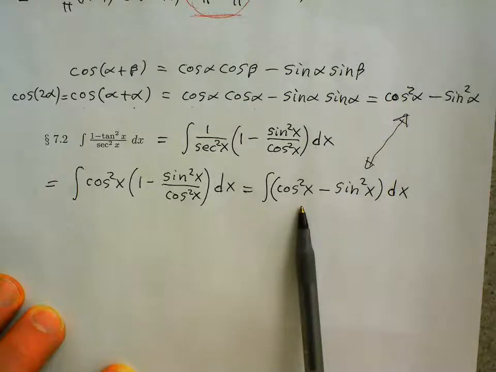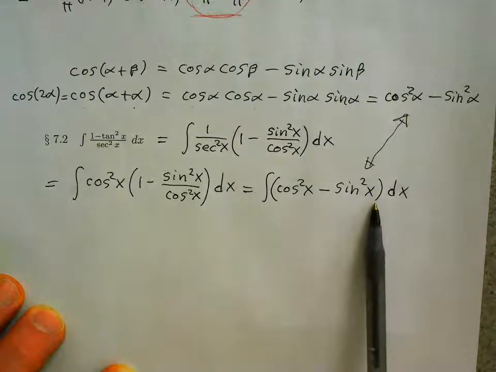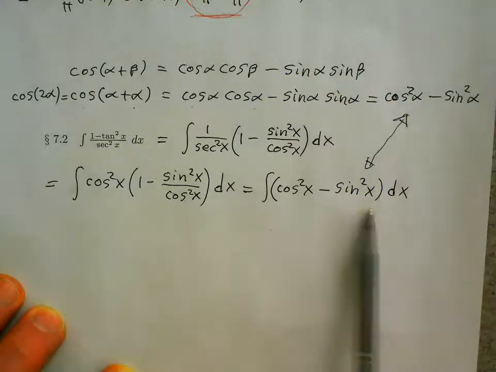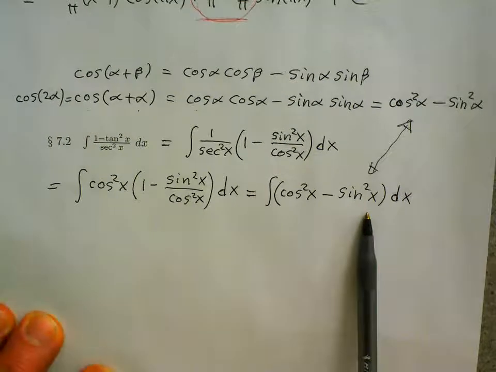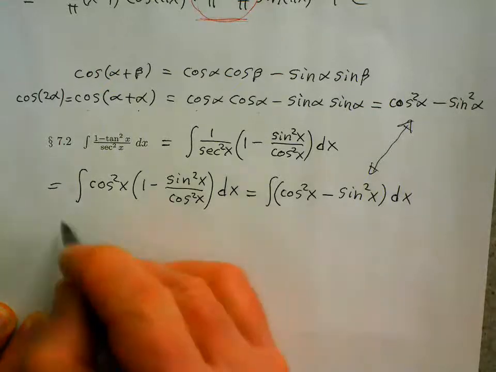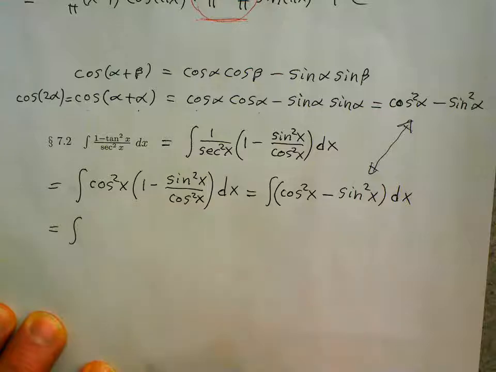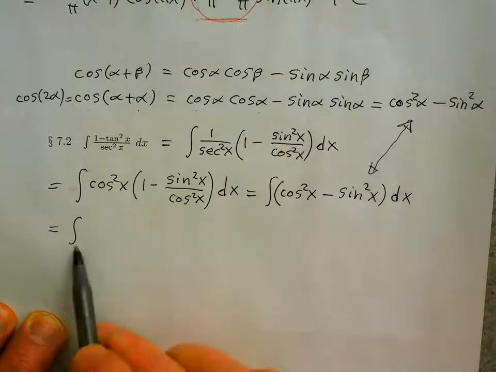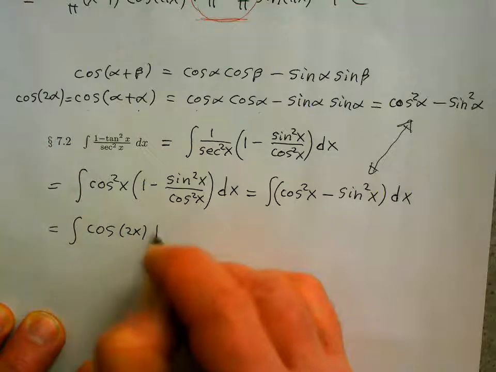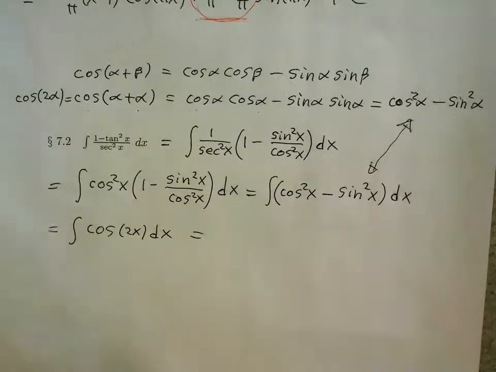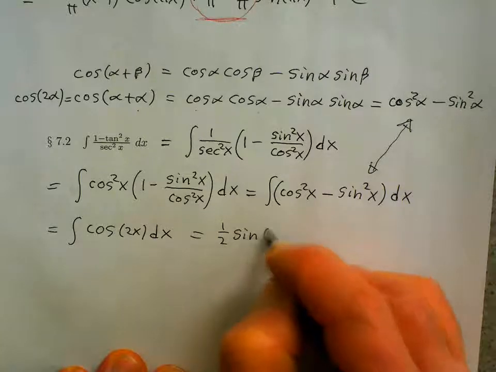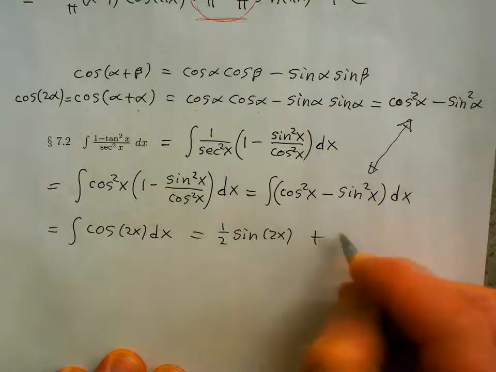Cosine squared of x minus sine squared of x is just cosine of 2x. That's the connection. So that looks easier to me, so that's how I'm going to do it. The indefinite integral of cosine of 2x dx, and that is 1/2 times sine of 2x plus c.